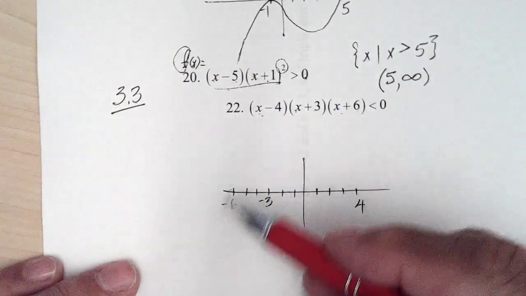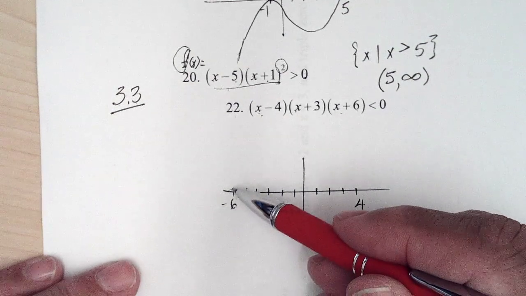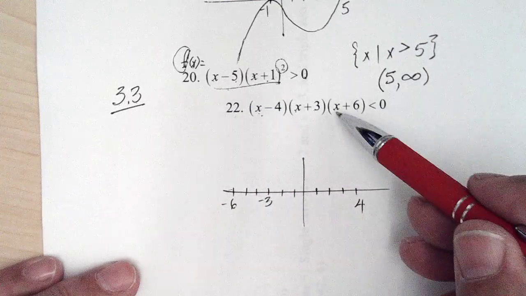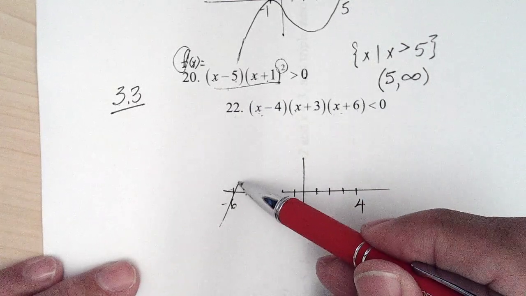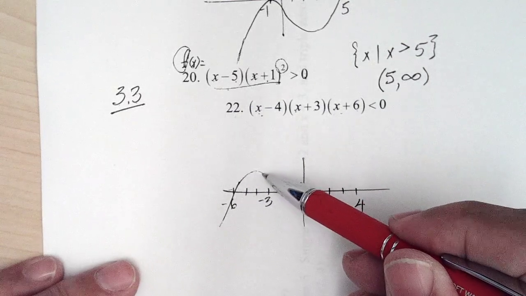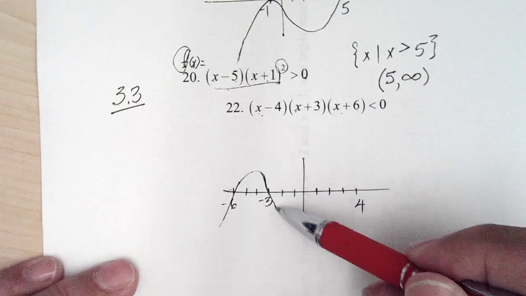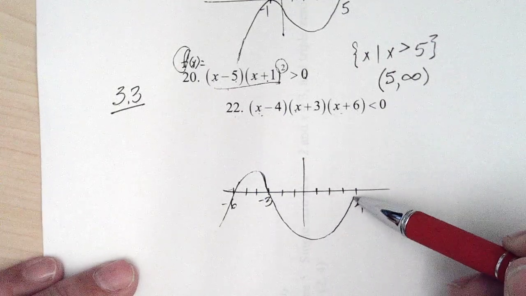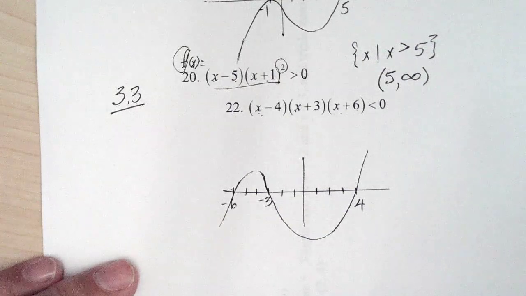So if it comes from below up, and it's a single root, so it's got to go straight through negative 6, come straight through negative 3, and go straight through 4.